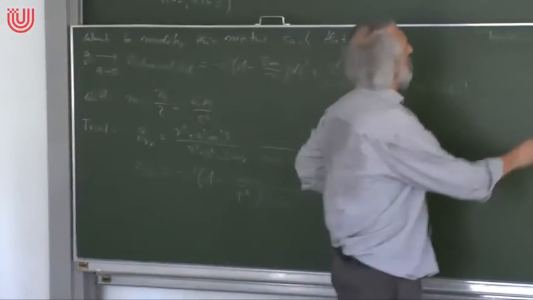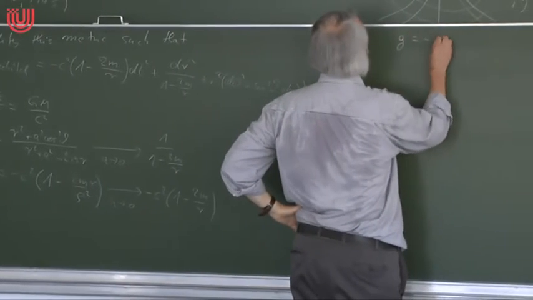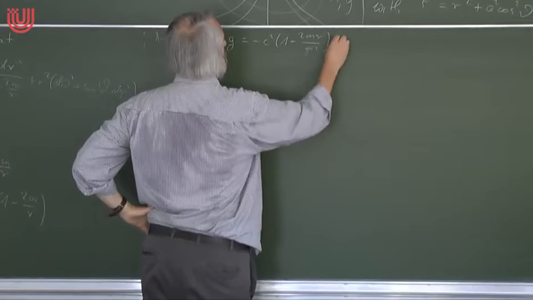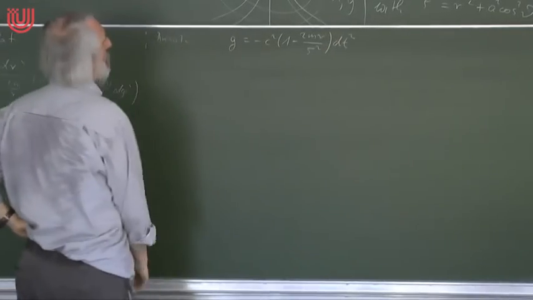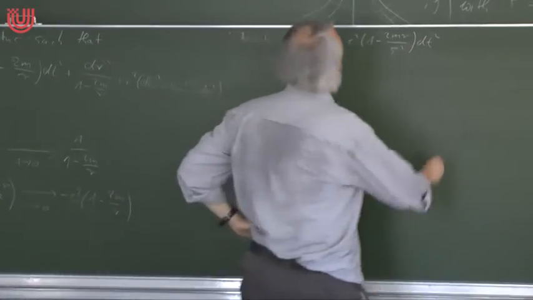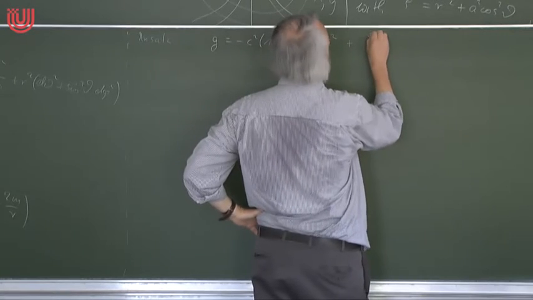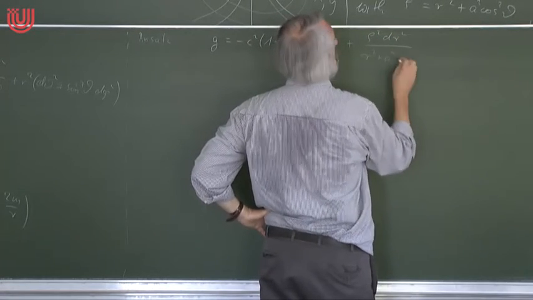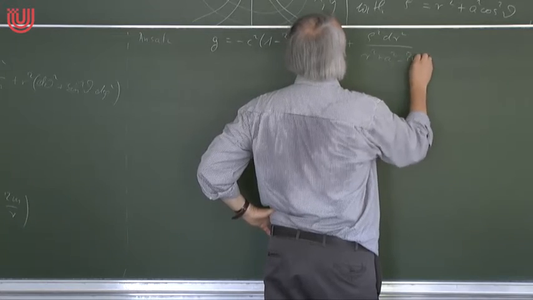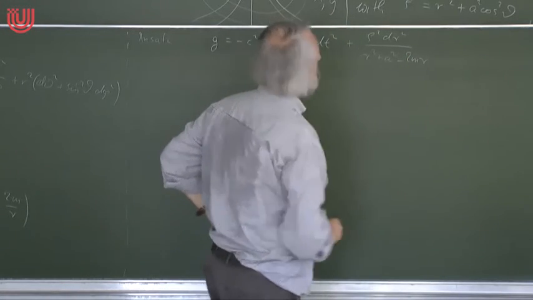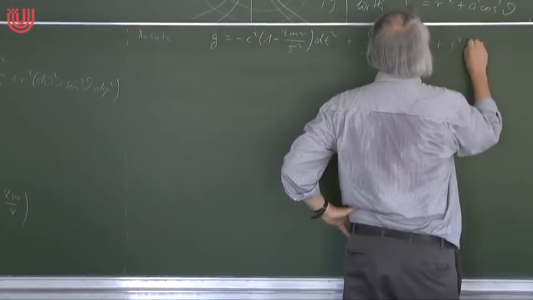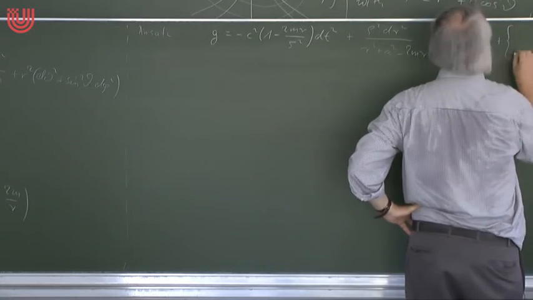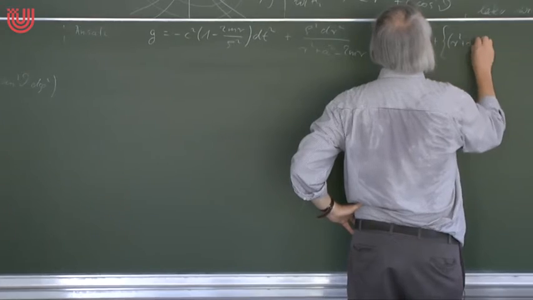So our ansatz for the metric is now the following. The metric is minus c squared, 1 minus 2mr over rho squared, dt squared, plus rho squared dr squared over r squared plus a squared minus 2mr, plus rho squared d theta squared. Let me just copy this, but leave a little bit of space.